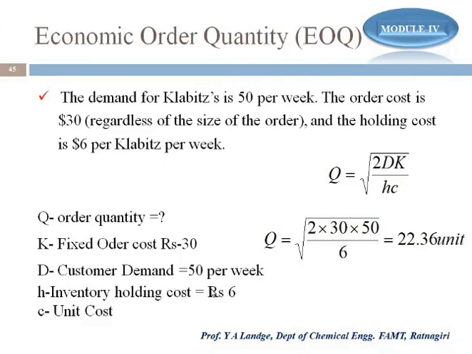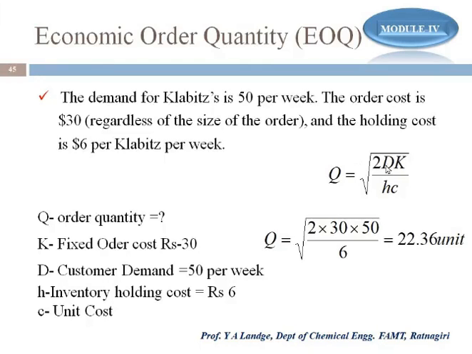Though I am wrongly saying rupees, it is dollars. So this is $30, this is $6, and from that we need to find the optimum quantity that I need to purchase or order.